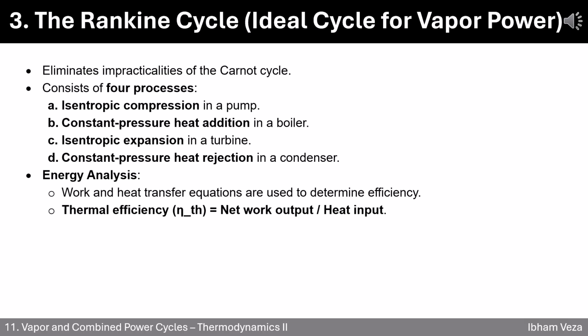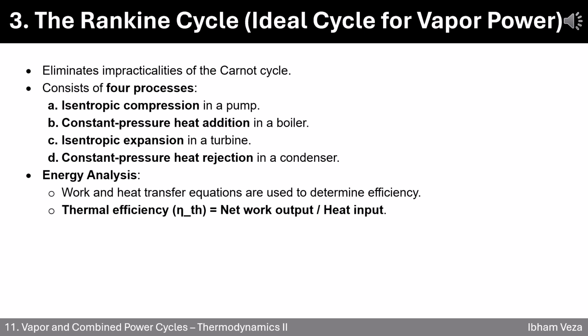3. The Rankine cycle, ideal cycle for vapor power. Now we move to the Rankine cycle, which solves the problems of the Carnot cycle. It's the go-to ideal cycle for vapor power because it's much more practical to operate in power plants. The Rankine cycle is built on 4 simple processes. First, there's isentropic compression in a pump.